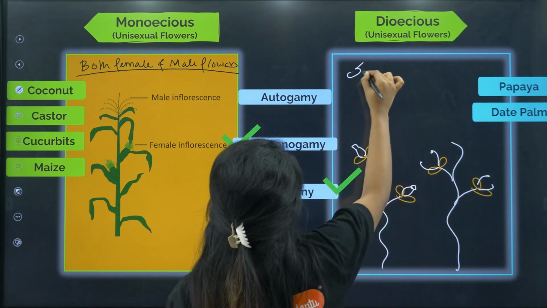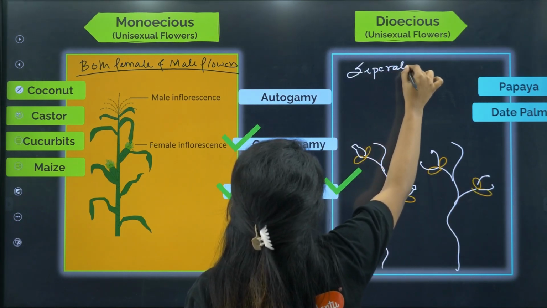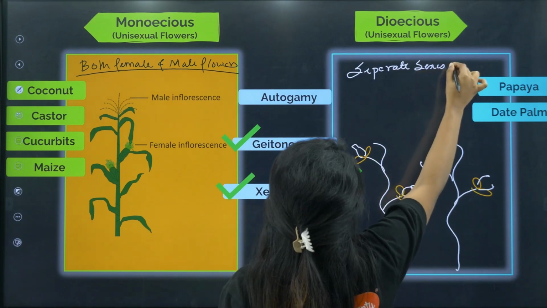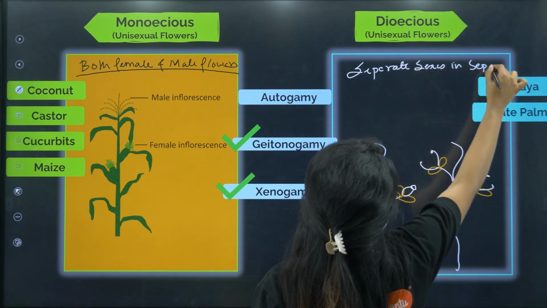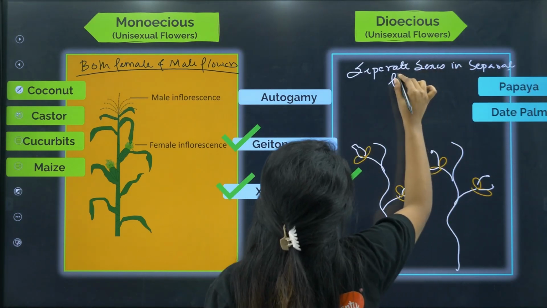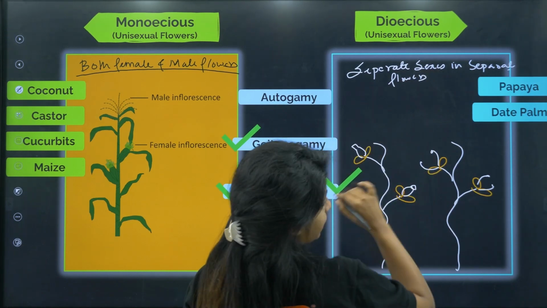So can I write: separate sexes in separate flowers? Is it okay? Separate sexes in separate flowers.